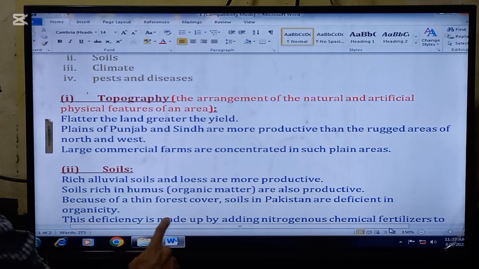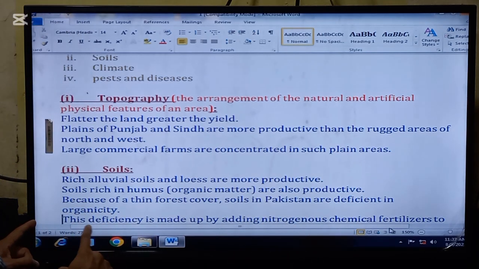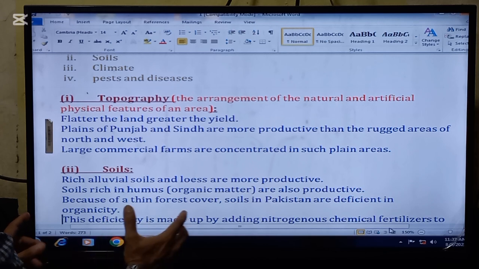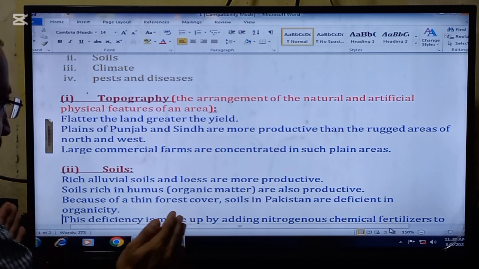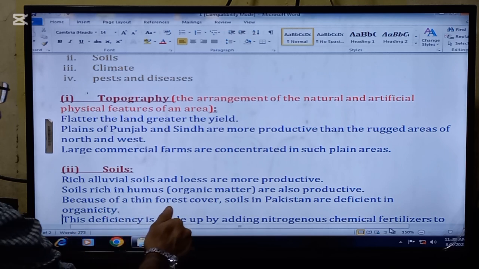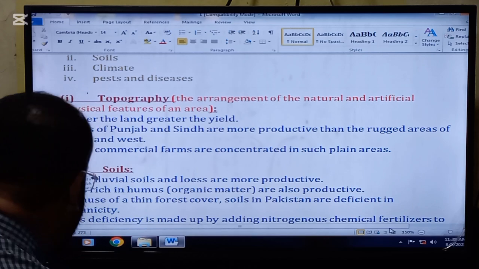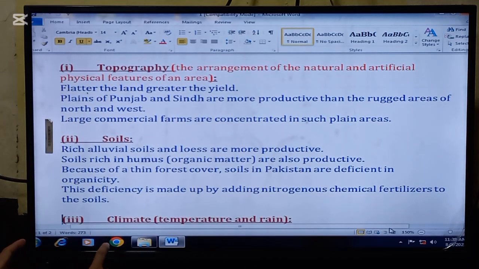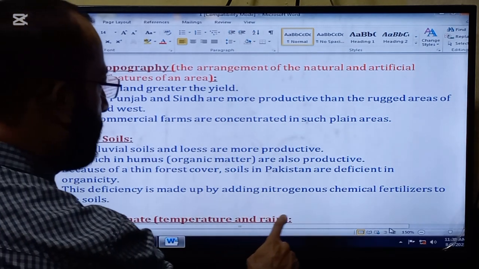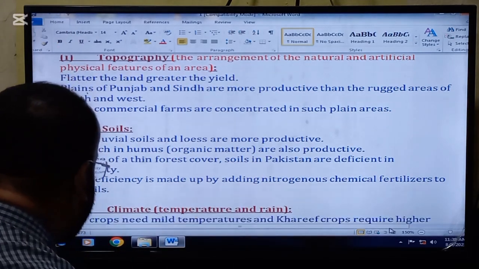Because of a thin forest cover, soils in Pakistan are deficient in organic matter because the forest and the greenery is less in Pakistan. So that's why the humus, that is organic matter, is deficient in Pakistani soil. This deficiency is made up by adding nitrogenous chemical fertilizers to the soil.